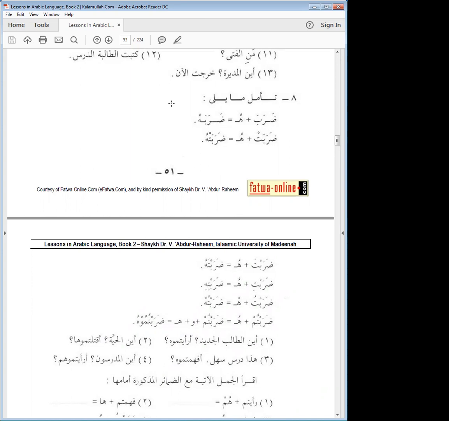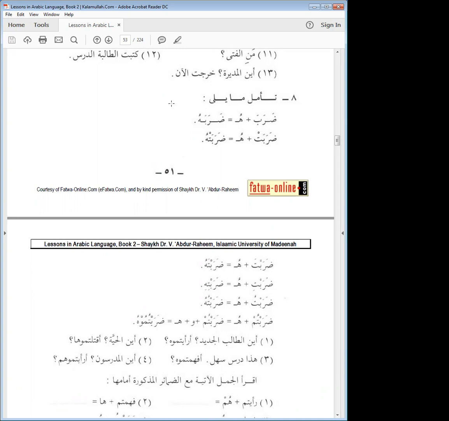Daraba, and hu. So here we are dealing with attached pronouns. Please remember that in Arabic we have attached and separated or detached pronouns, right? So attached pronouns serve different purposes. They can be the fa'il in a jumlah fi'liyyah, that is the doer of the verb, right?